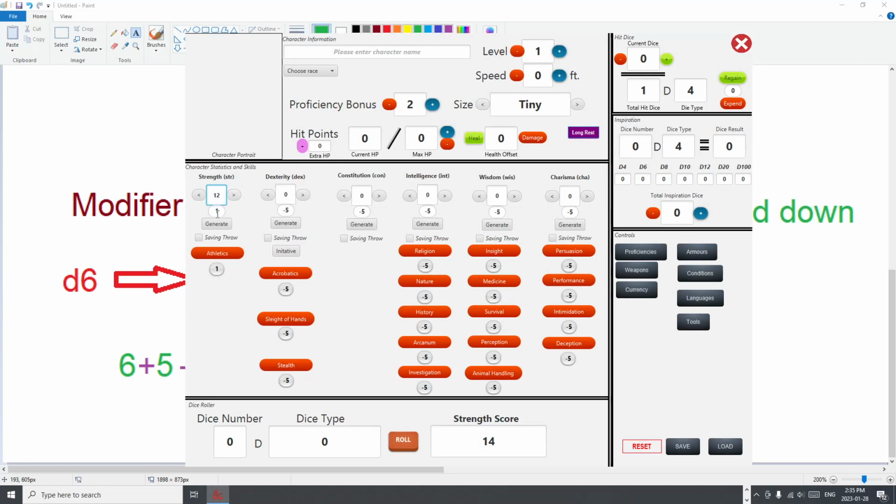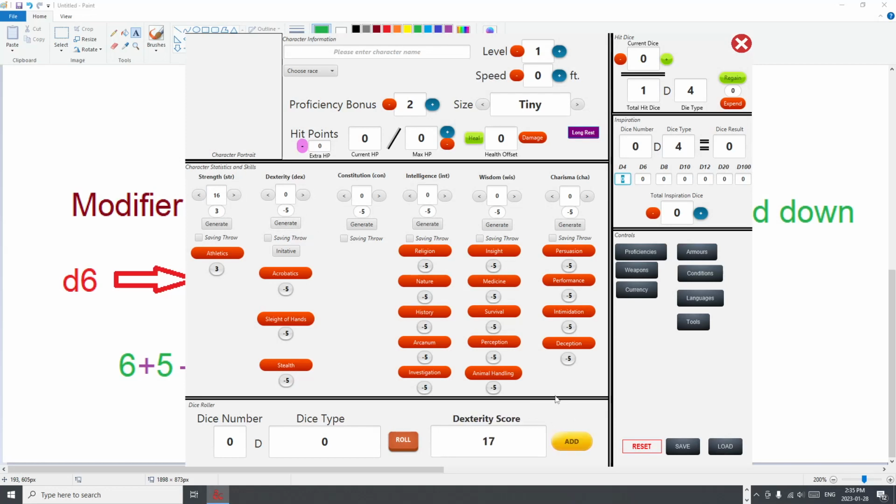That is when the modifier is incremented by a single increment. So every 2 increments for the statistical score increments the modifier with a single increment. So I will use 16 here.